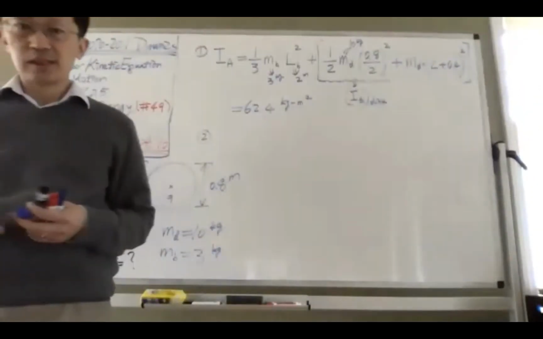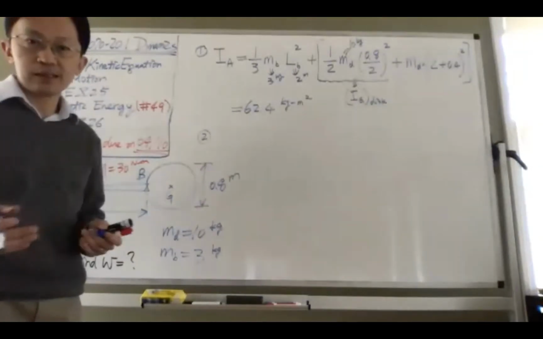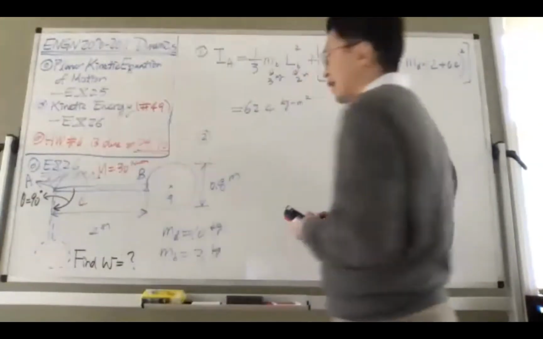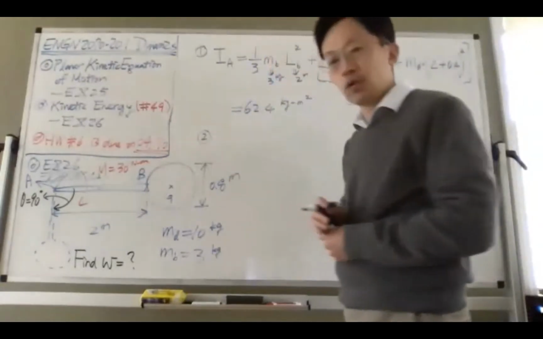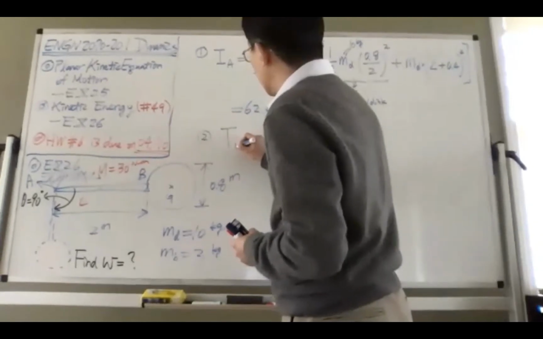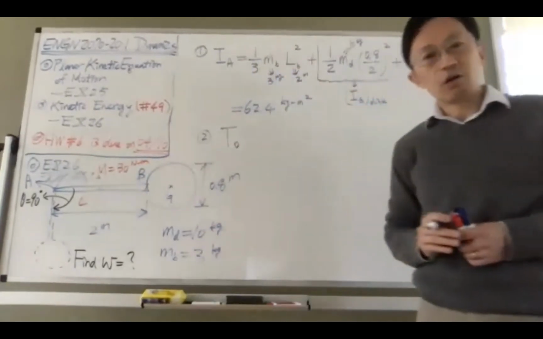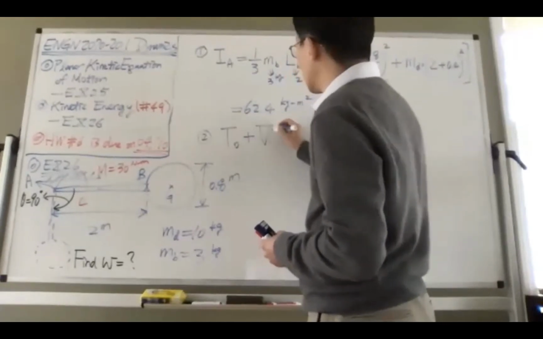Now, we want to put all this together. To use the principle of work and energy, we have to recognize that there are 2 different things. Just like what we did before, the principle of work and energy is the summation of the kinetic energy and potential energy.